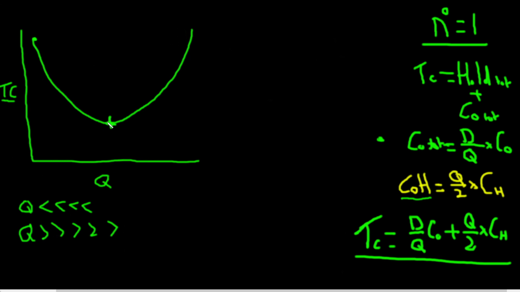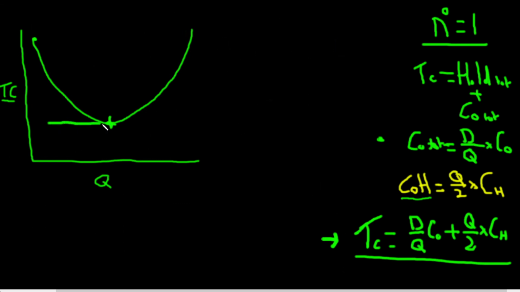And the way we find this is, if you remember at the start, I mentioned differentiating and what that actually did. What it does is it finds the gradient of the slope wherever these points are. So if we were to differentiate this equation and put it equal to 0, that would show that the gradient is 0.